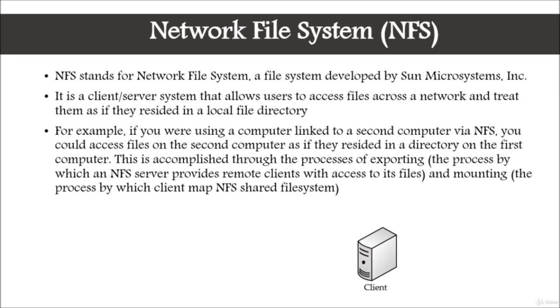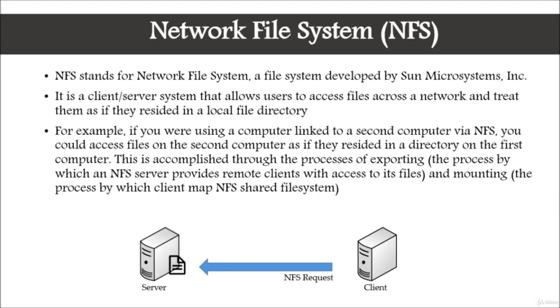So what it does is it sends an NFS request. That NFS request goes to a server that is hosting that file system, let's say an ABC file system or whatever the name of the file system is that is being hosted on this server.